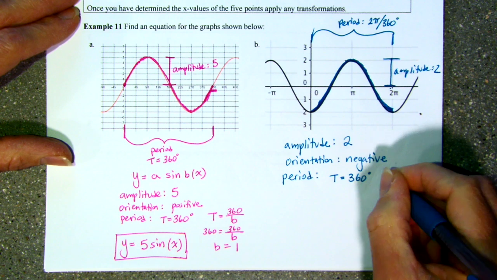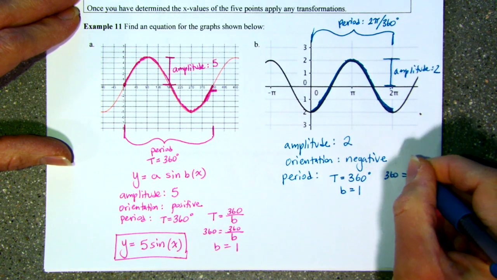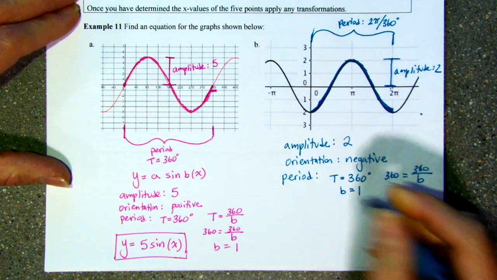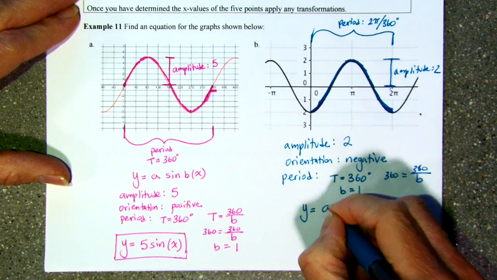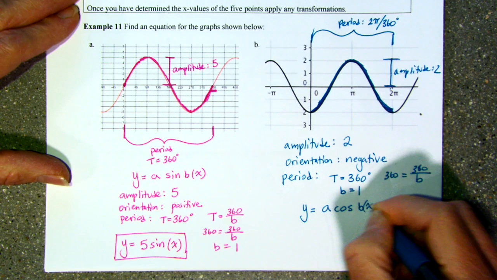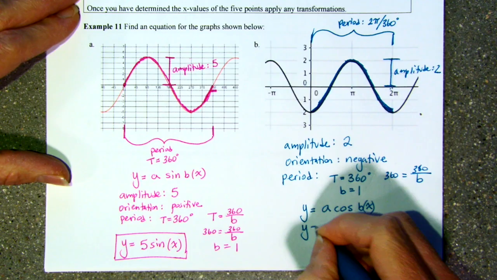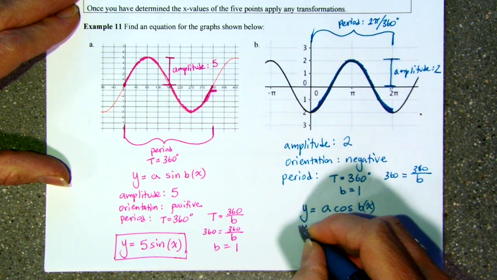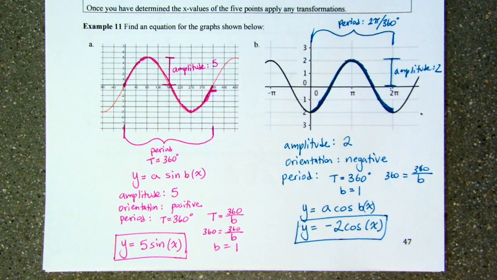So therefore, b is 1, since 360 equals 360 over b. So our parent function here is y is equal to a times the cosine of bx. And here our a is -2. And our b is 1, so we have y is equal to -2 times the cosine of x.